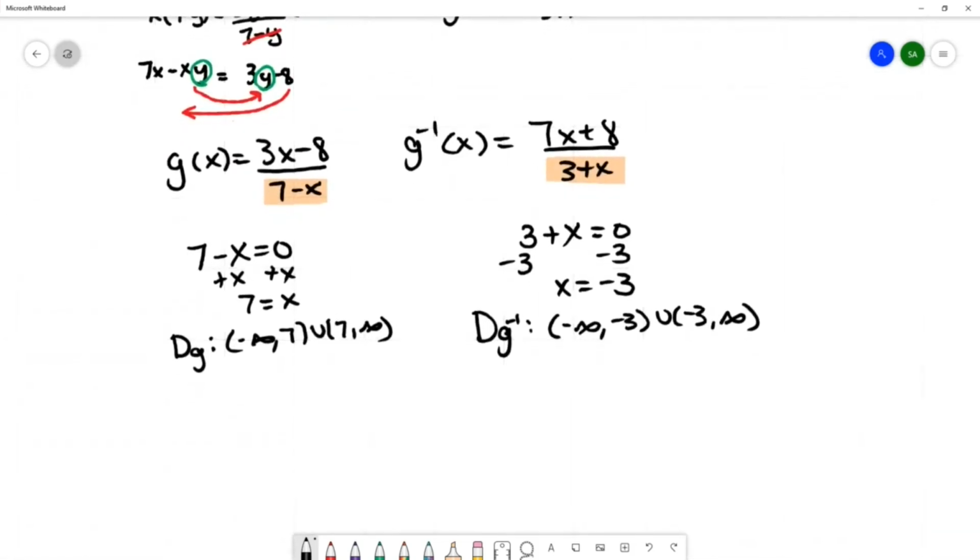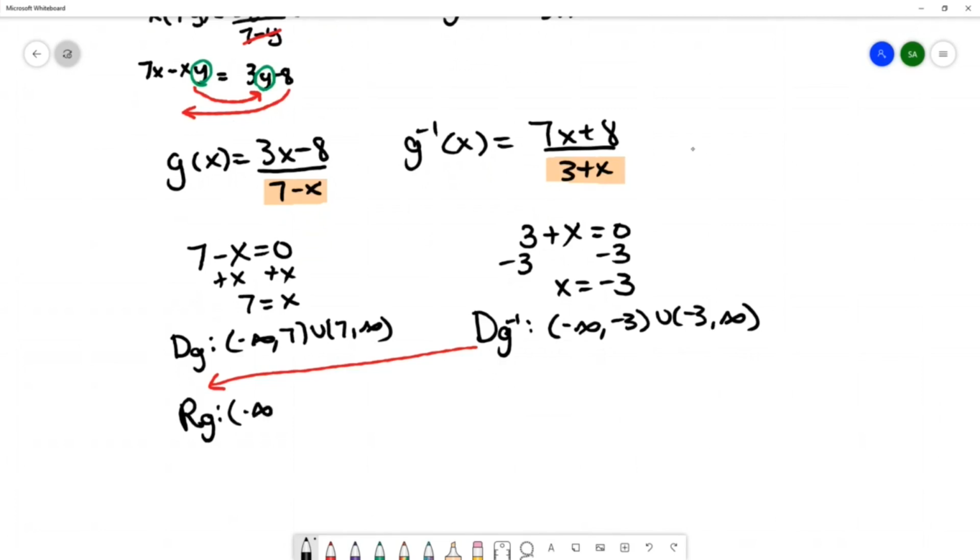So as we've said earlier, the x's and y's get switched. So the domain and range get switched. So now that I know the domain of both, I can know the range of both. The range of G is the domain of G inverse.